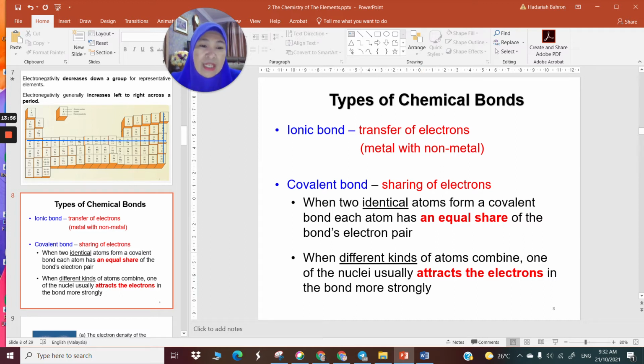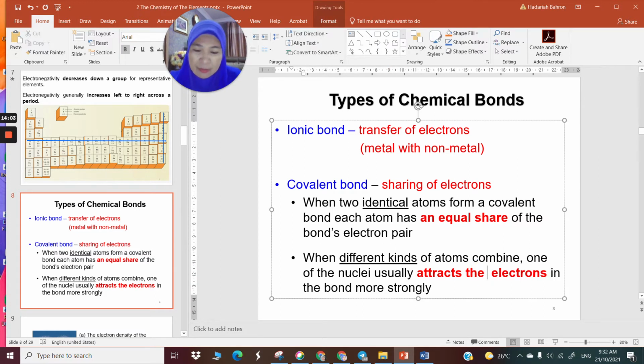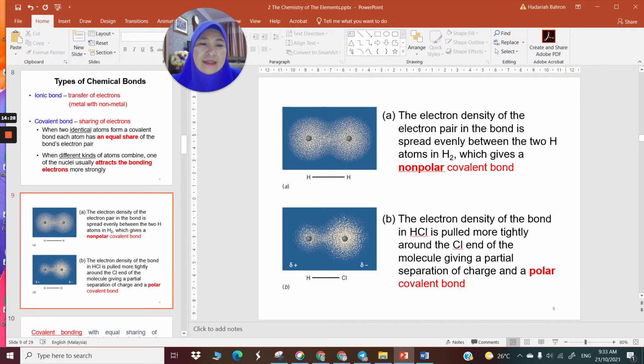When different kinds of atoms combine, one of the nuclei usually attracts the bonding electrons more strongly. In the case of hydrogen and fluorine, fluorine will attract the bonding electrons strongly to itself, making hydrogen deficient in shared electrons.